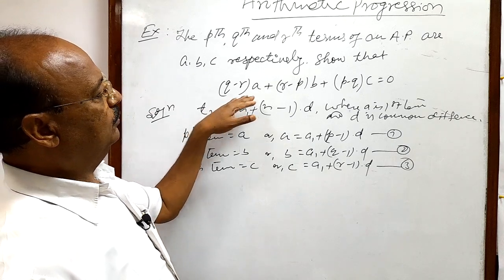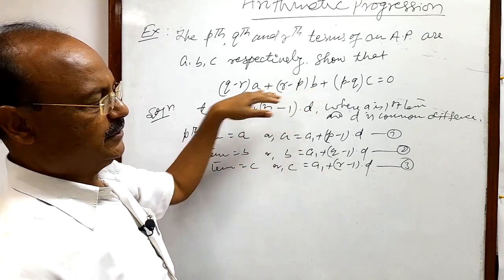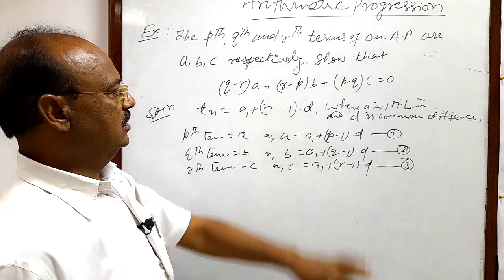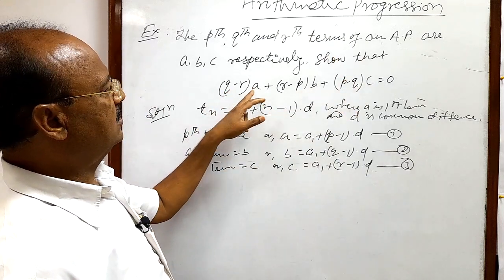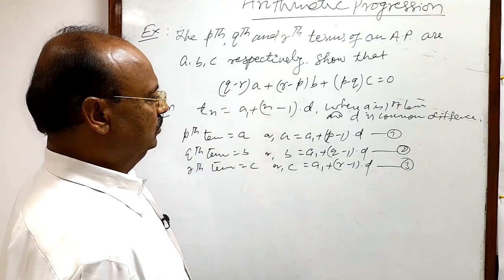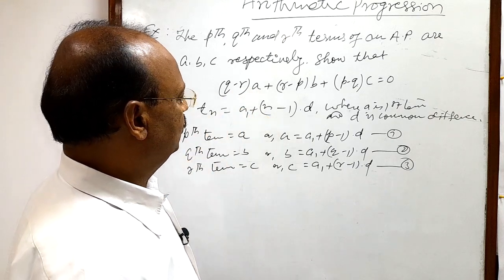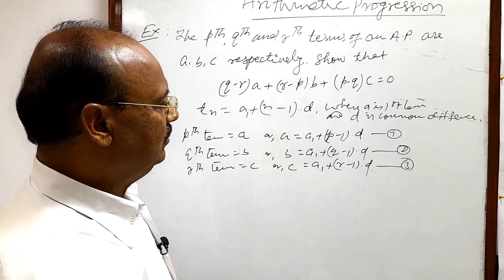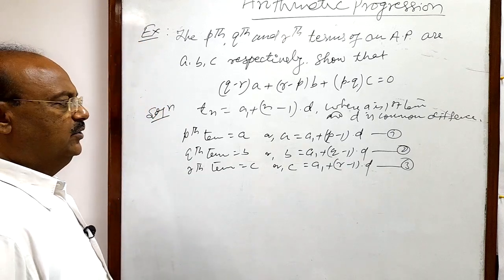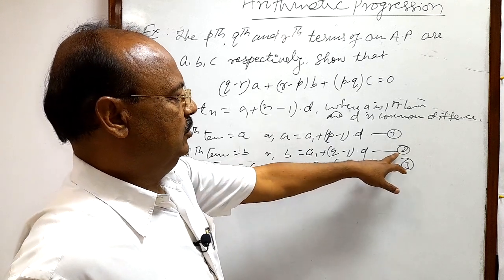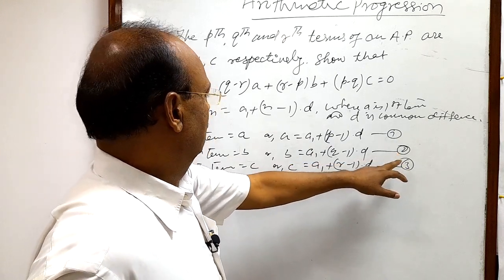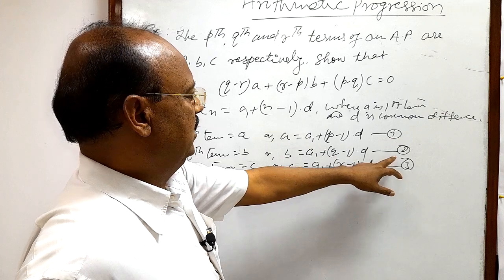Now we have to prove that the expression on the left hand side is equal to 0. So first of all let us try to get q minus r into a. We can do it very easily by subtracting relation 3 from relation 2.